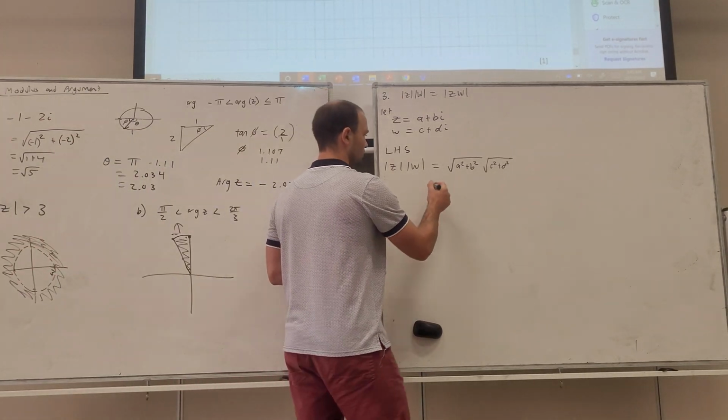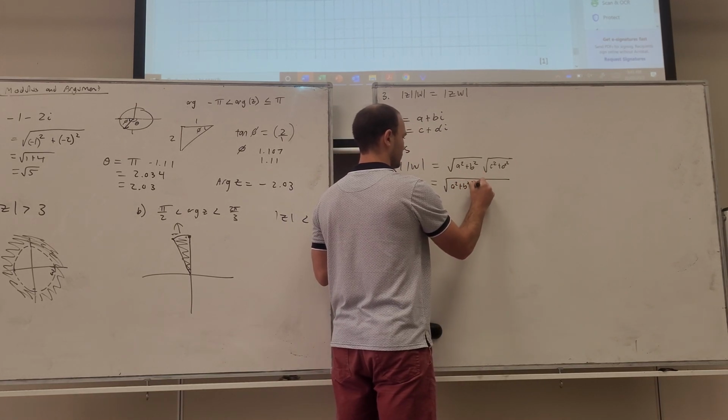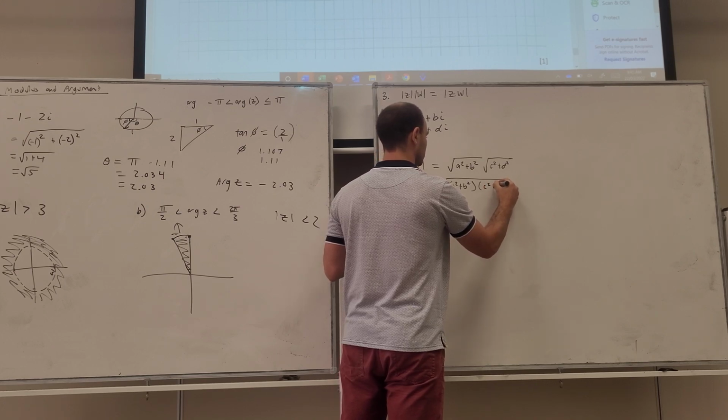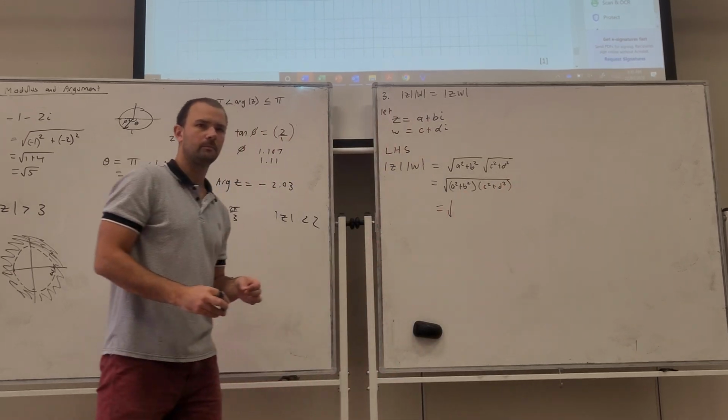Okay, using rules of surds, we can collect them under the single root. We can perform FOIL.